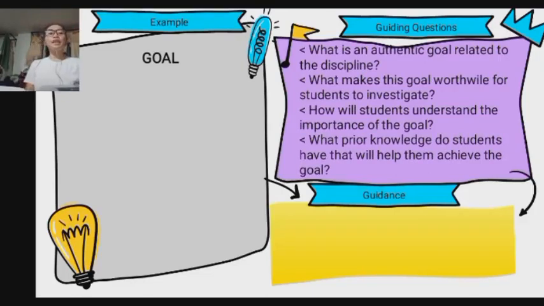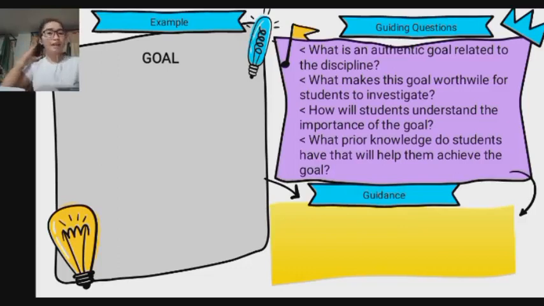Some of the guiding questions are: first, what is an authentic goal related to the discipline? Next, what makes this goal worthwhile for students to investigate? Next, how will students understand the importance of the goal? And what prior knowledge do students have that will help them achieve the goal? These questions are very important in order for us to effectively craft a goal for our project-based assessment.